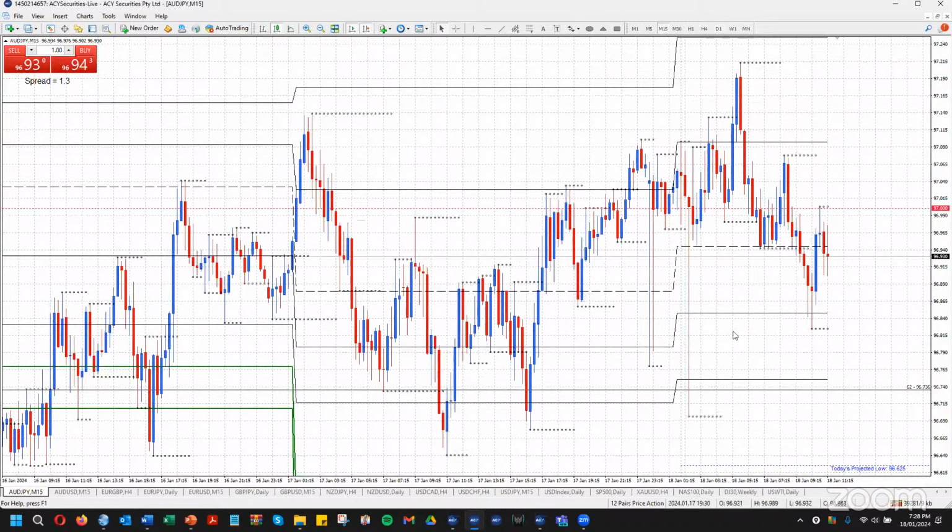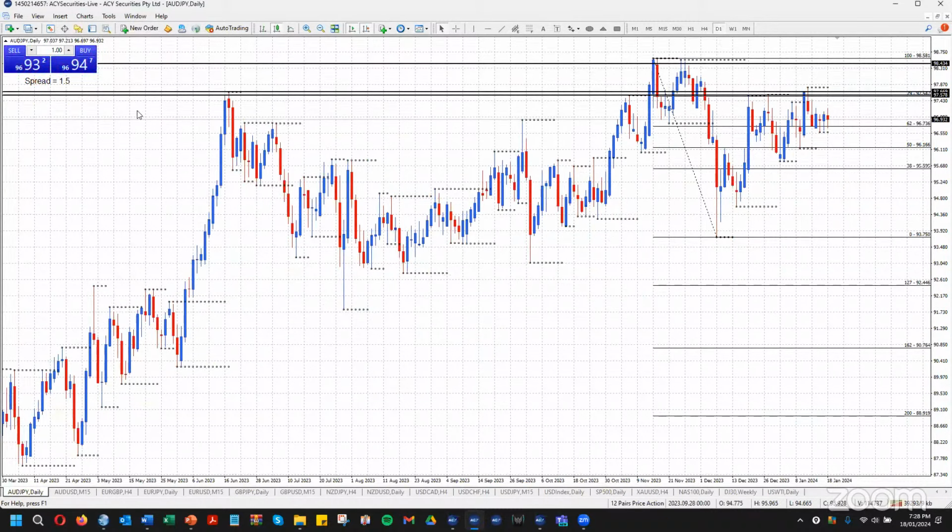All right, Aussie yen, very range bound at the moment. I'm looking at this as a significant top up here, where we false broke the previous year's high. 79% level held here, then we false broke here. So I'm looking at that as a very strong area of resistance.